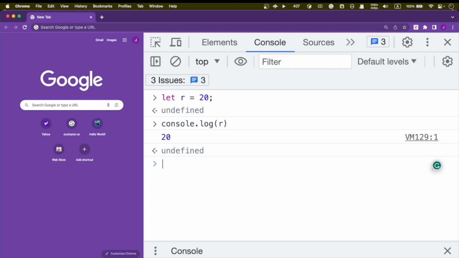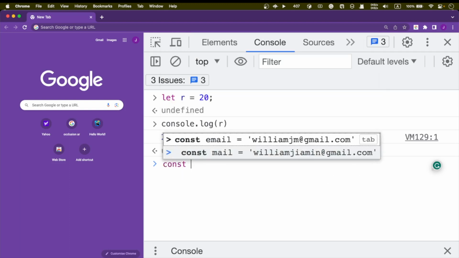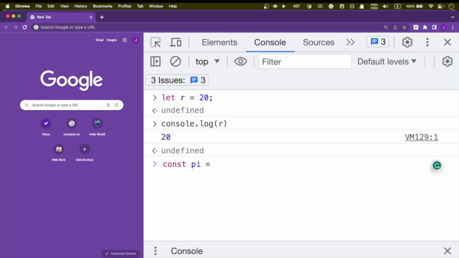You set it and you're never going to need to change it, so you can say const, and of course pi will be, I think, this number.